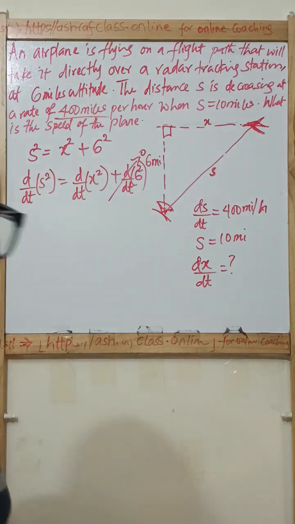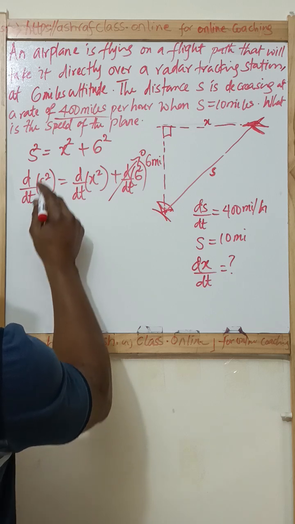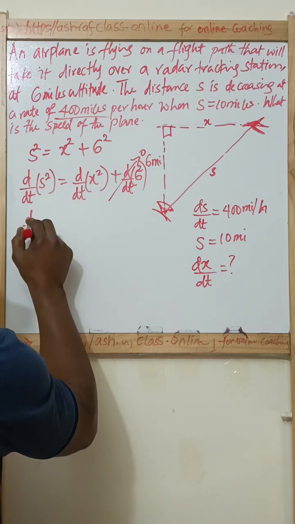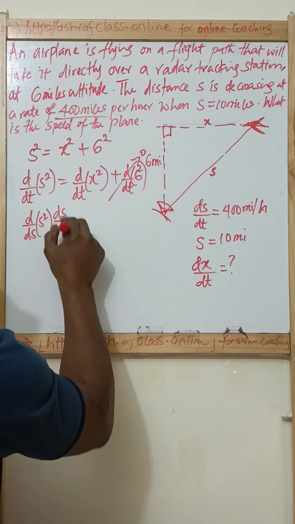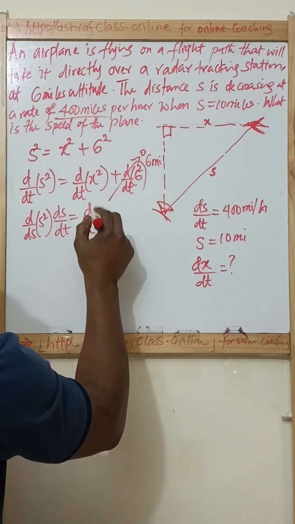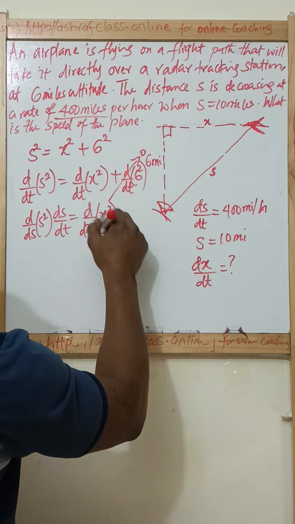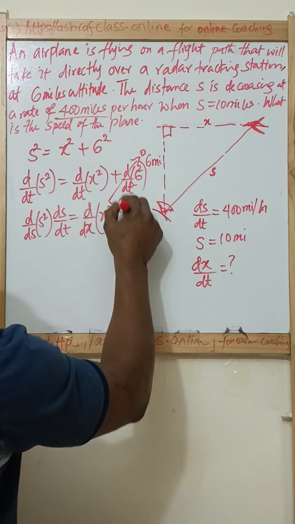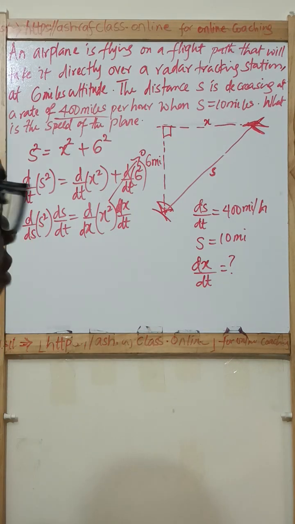So when you want to differentiate, you apply chain rule, right? That's the function of function. So this is going to be d/ds of s squared times ds/dt, and this is going to be d/dx of x squared times dx/dt.